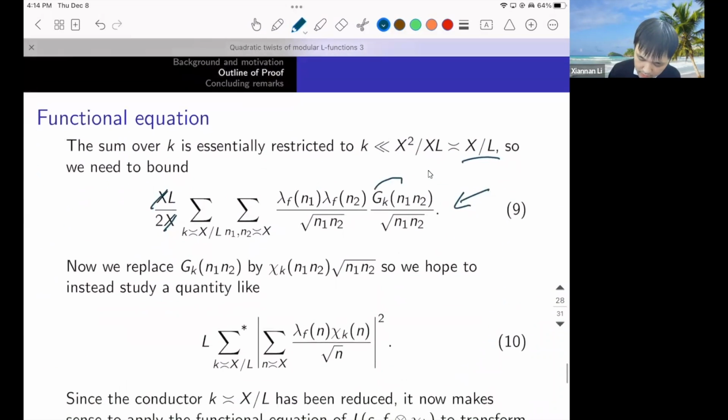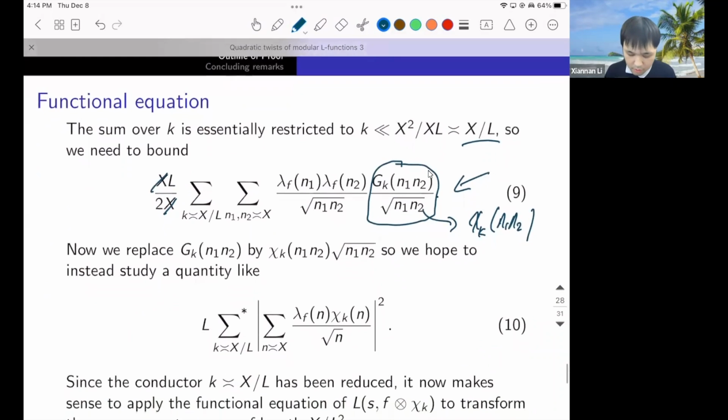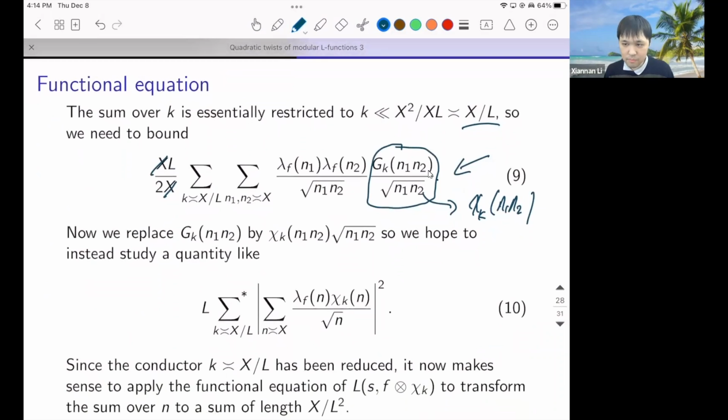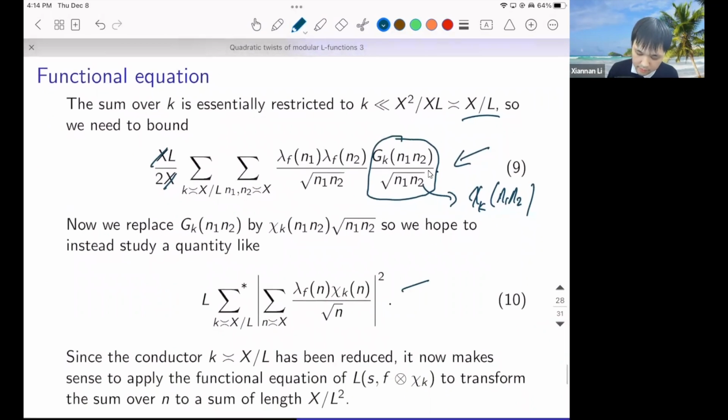But the point here is that this object looks like a quadratic character chi sub k of n1 n2. And so if we did actually just replace that with the quadratic character, we would end up with a sum of the form that looks like the sum we started with.